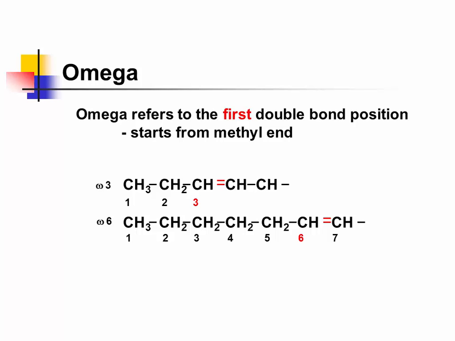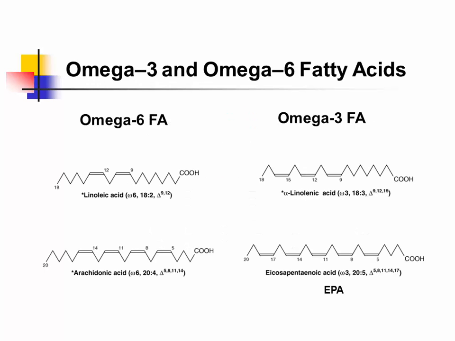So this is how we name omega-3 and omega-6 fatty acids, right? It depends on the location of the first double bond in the fatty acid molecule. He just gave you some idea of the structure of the omega-3 and omega-6 fatty acids.